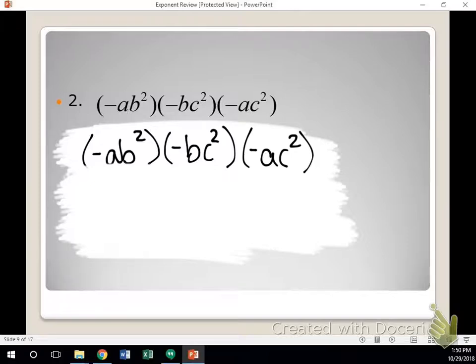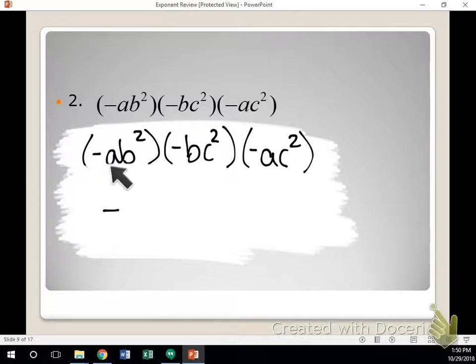Multiplication is commutative, so I can multiply in any order that I want. First, I like to decide what sign, positive or negative, my answer will have. If I take a negative times a negative times a negative, will my answer come out positive or negative? Negative. So I know my answer will be negative.